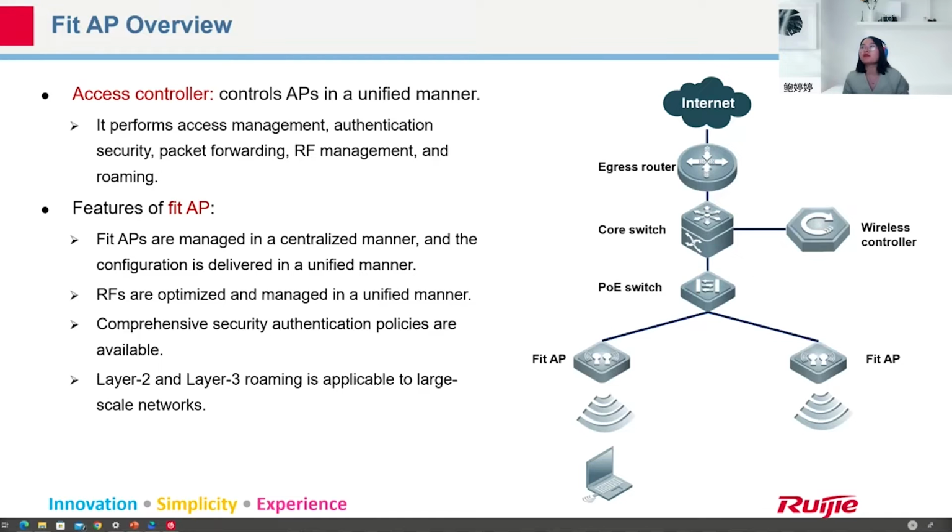We see the Fat AP also can provide some basic security technology like the blacklist, like the whitelist, something like this.